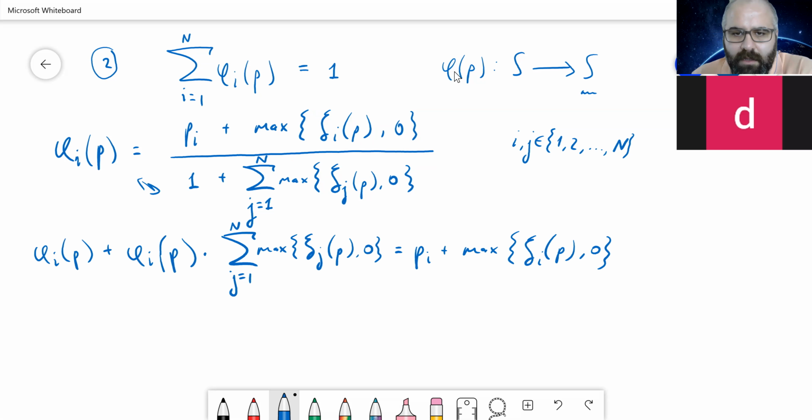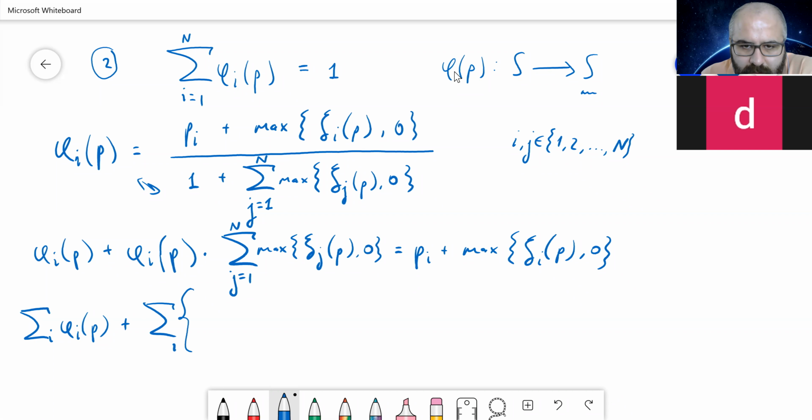Then I want to sum all over again for i. So careful, I'm summing over i now. There is this j term here. Be careful with that.